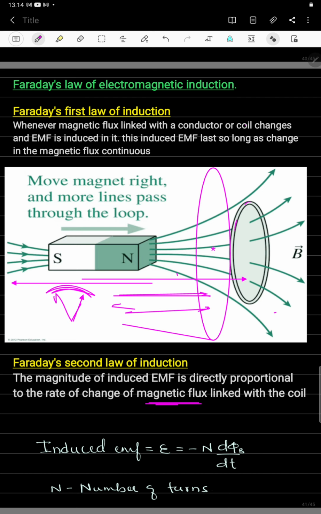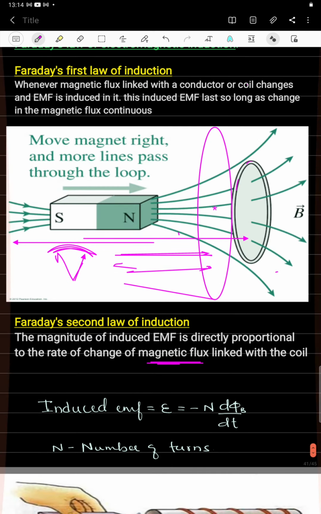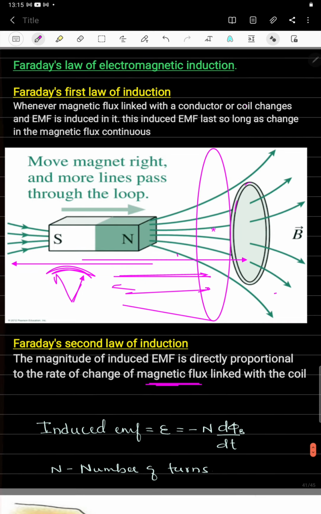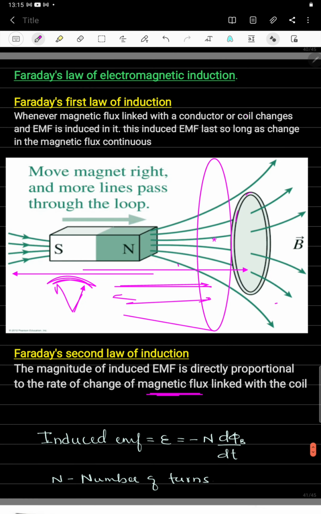Up to where you are changing the magnetic flux, up to there you will get the induced EMF. That is the first law. The second law gives the magnitude of the induced EMF, which is directly proportional to the rate of change of magnetic flux linked with the coil. So this is the expression, and now we will see how we get this expression.